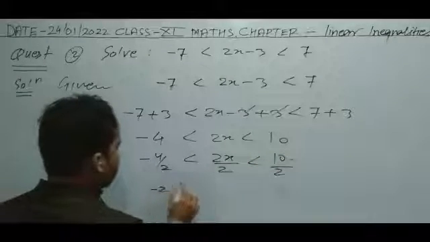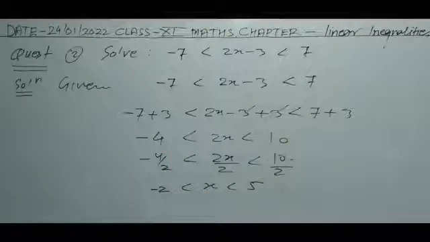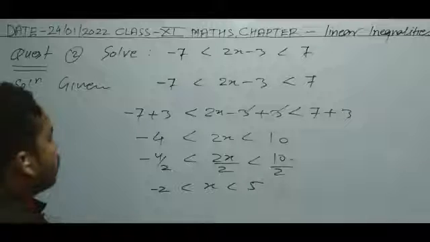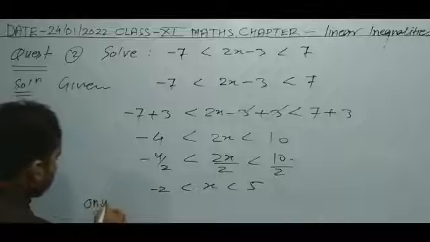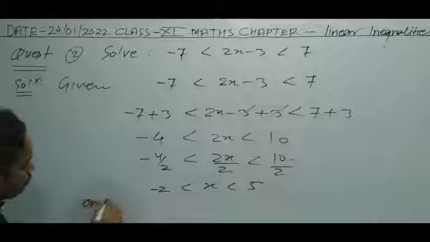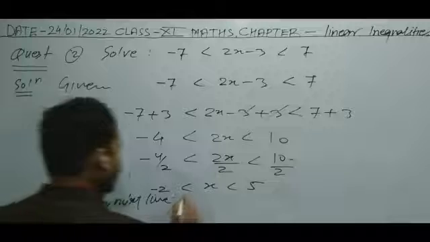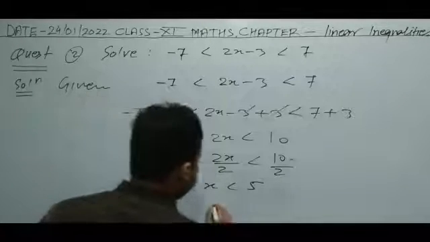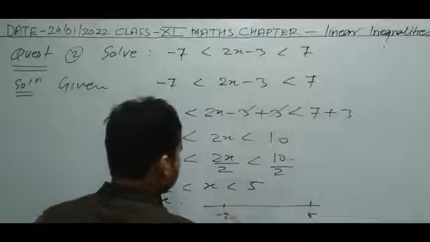And this one we can write, this means x belongs to less than 5 and greater than minus 2. Now on number line, what we can write? On number line, this is 5 and suppose this is minus 2.